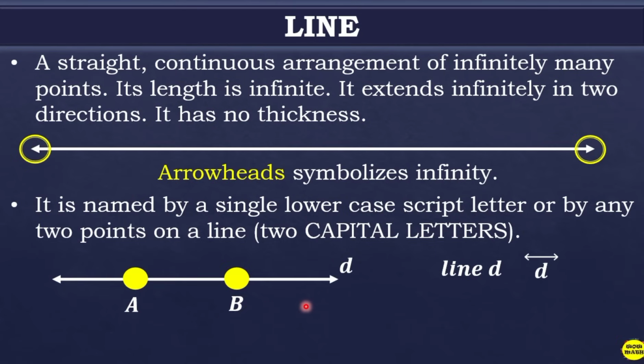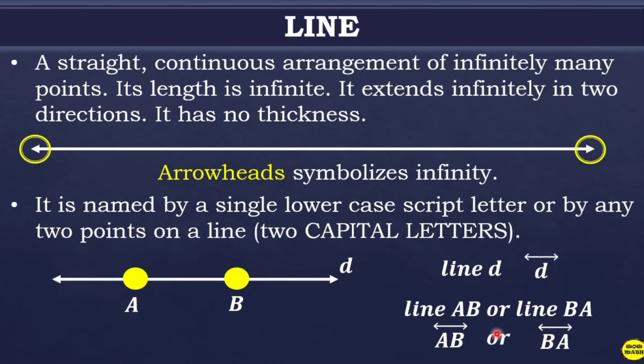So this figure can also be called as line AB or line BA. Or in symbol, ito po siya, line AB or line BA. Kapag nilagay na po natin itong symbol, no need to write the word. There's no need to write the word if you will be using the symbol for a line.